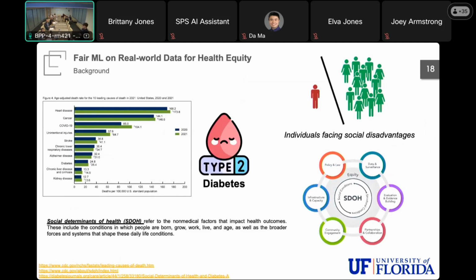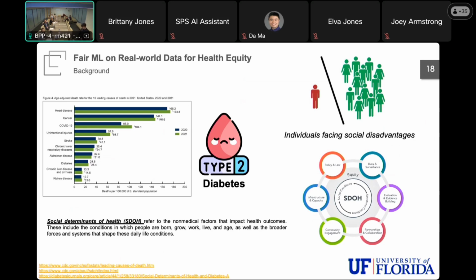Racial and ethnic minority groups, especially individuals facing social disadvantage, are often disproportionately affected by T2D and its complications. Social determinants of health, the non-medical factors that impact health outcomes, are the root cause of the type 2 diabetes disparity and account for 80% of modifiable factors.